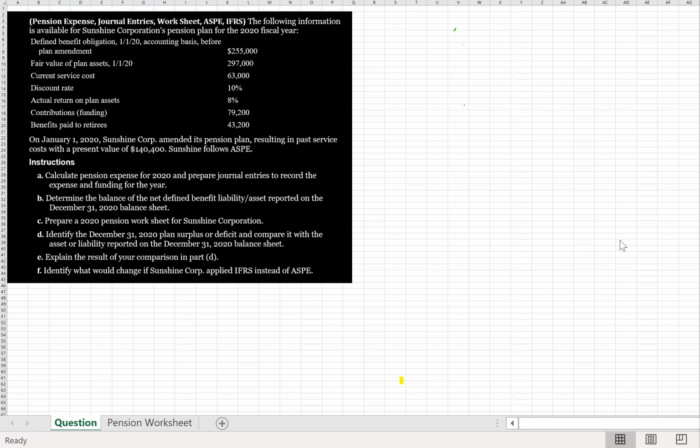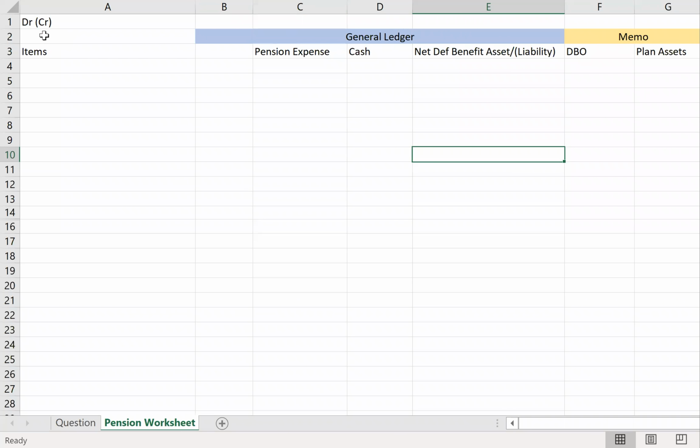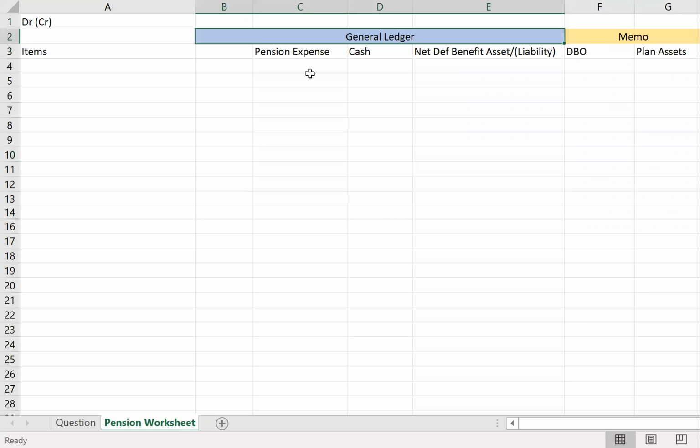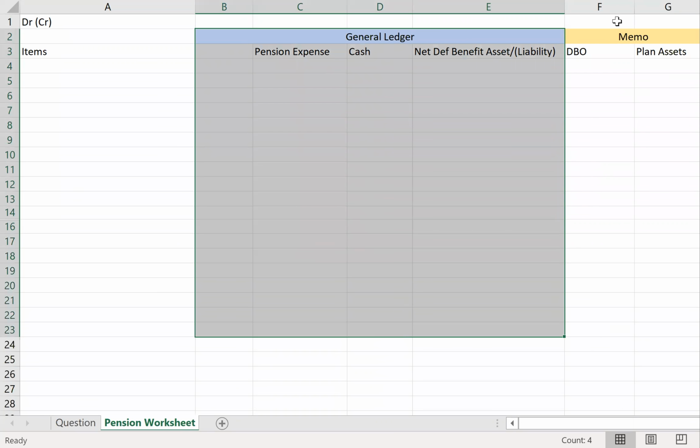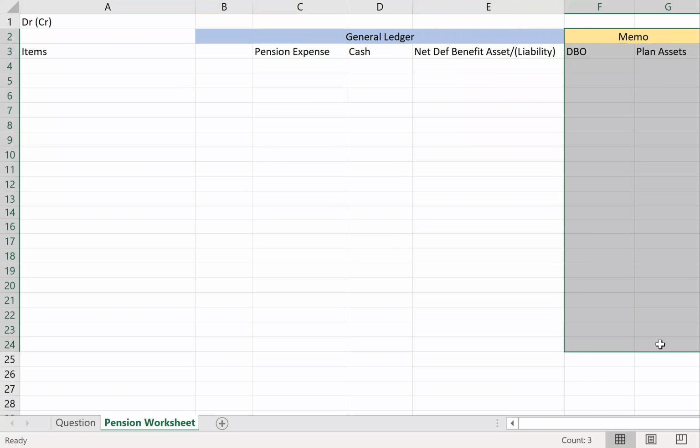I've set up a pension worksheet here. And you can see that debits will not be in brackets and credits will be in brackets. I've got an items column where I'm going to explain what I'm doing. These accounts here are in the general ledger of the company, and these accounts are not in the books and records of the company, but rather in the books and records of the plan itself. So they're often called memo accounts.